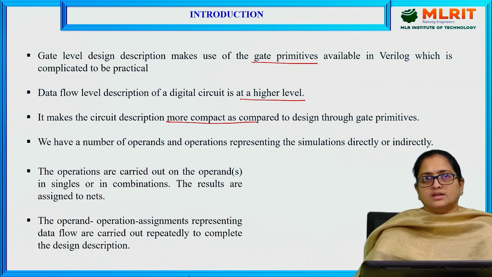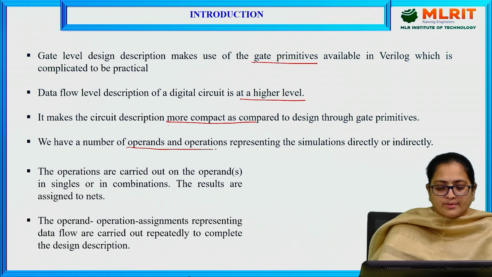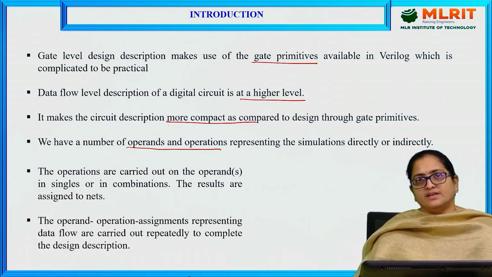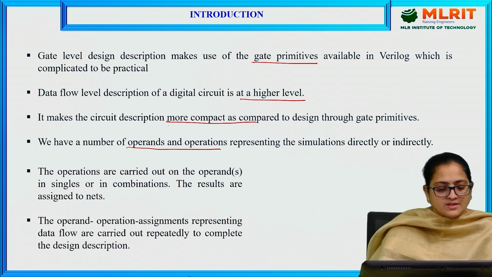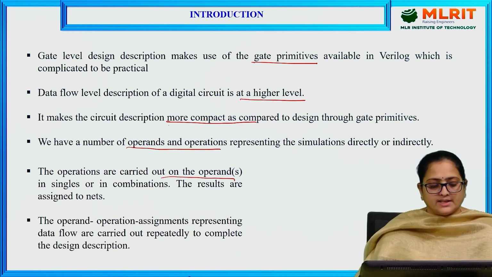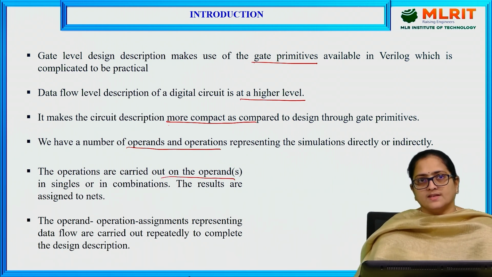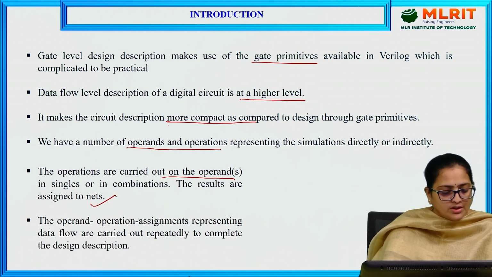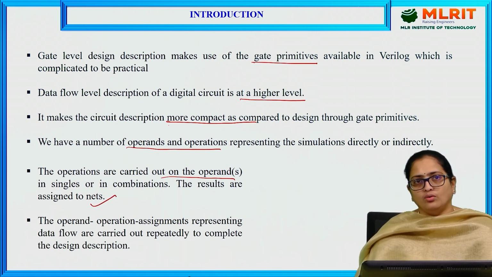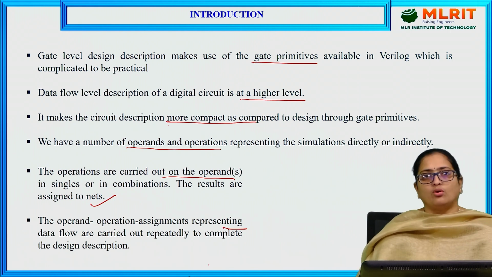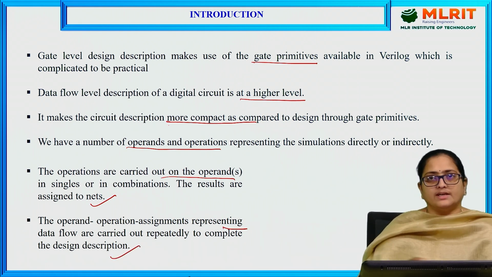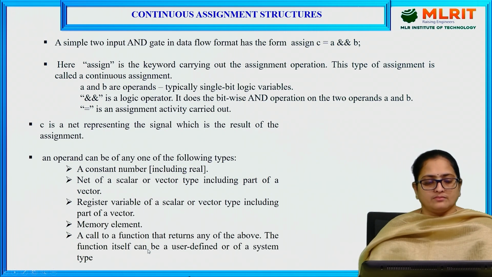We have a number of operands and operations representing the simulation directly or indirectly. The operations are carried out on the operands singly or in combinations. The results are assigned to the nets in data flow level. The operation assignments representing the data flow are carried out repeatedly to complete a design description.